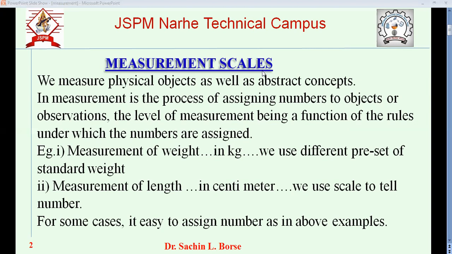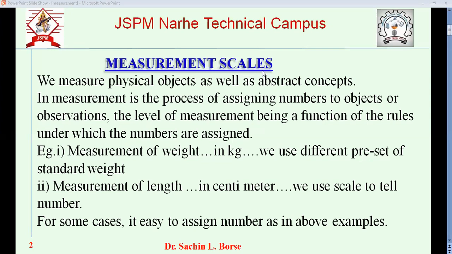So when we say measurement, we measure physical objects as well as abstract concepts. In measurement, the process is assigning numbers to the object or observation. So what we do when we say measurement means we assign some numbers to the object or observation.